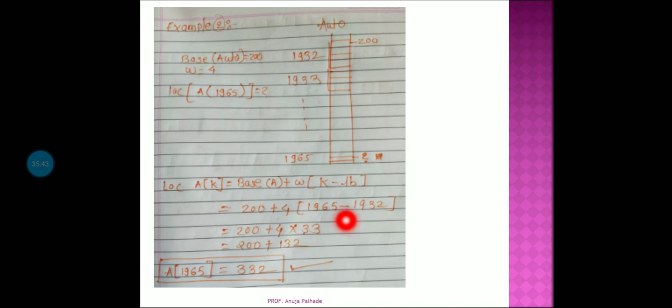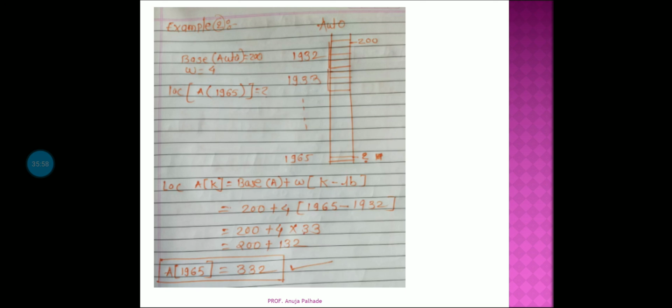So using that, for the upper bound, 1965 minus 1932 we have done here. So a total of 33 elements are there. So 332 is the starting base address of this 1965. So this is another very good example of the real life application of address calculation.